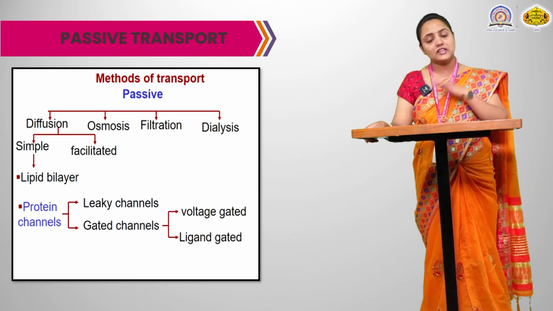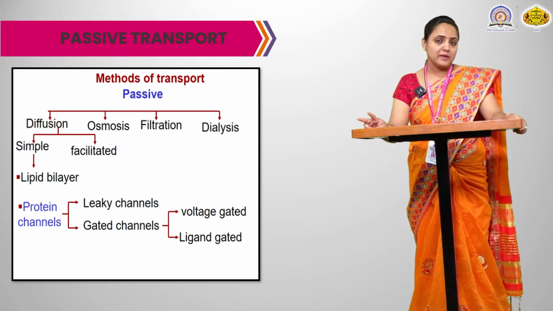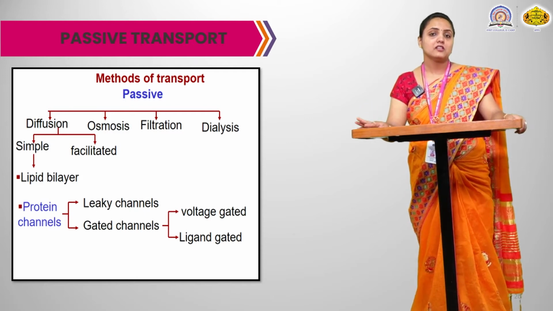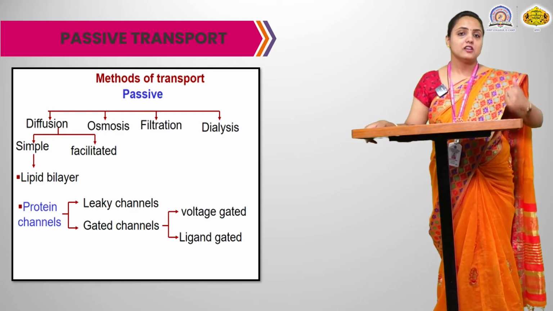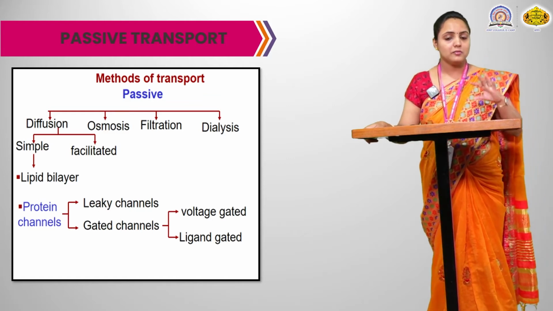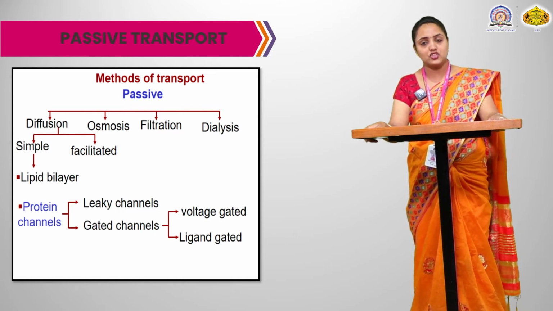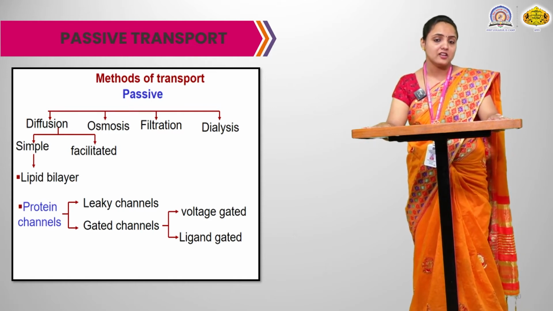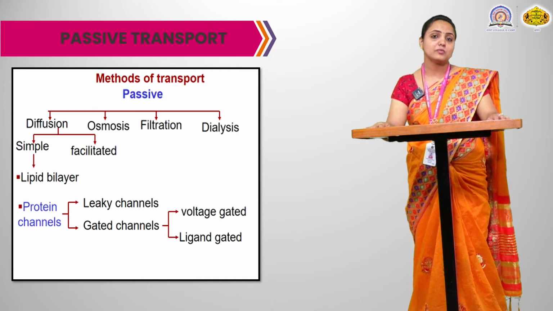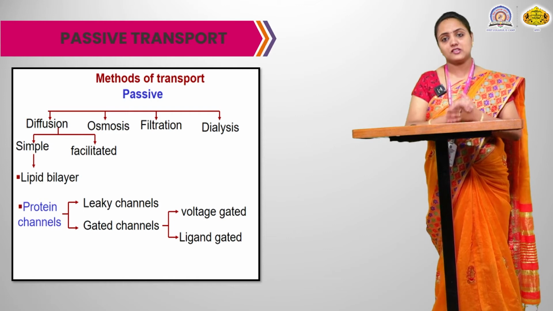The gated channels are again classified into types. There are three types, but the physical gated channel is not generally mentioned. Here two gated channels are mentioned: voltage and ligand. Voltage means when there is a potential difference in the cell.